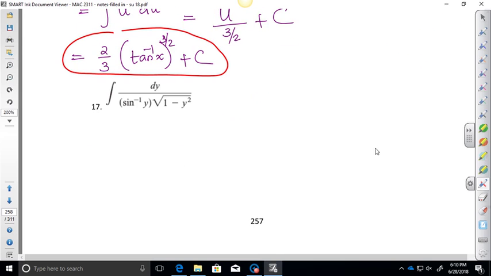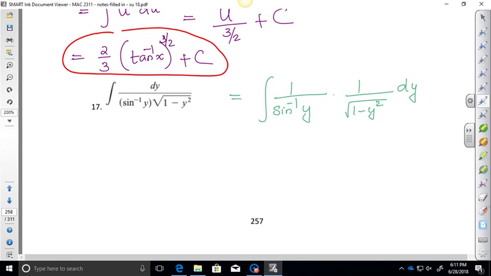Okay, this I'm going to write as the integral of 1 over sine inverse y times 1 over square root of 1 minus y squared dy. Why am I doing that? Because the derivative of sine inverse y is what you see there. So if I take sine inverse y as u, the derivative is right there.